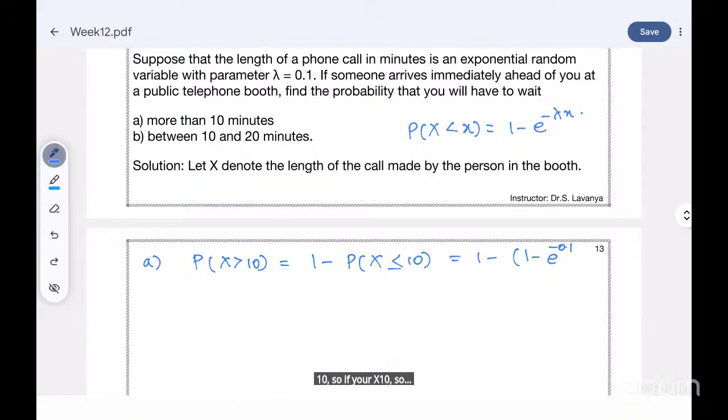So what is the answer then? E power minus 1 simply, right? Okay, what about the second part?